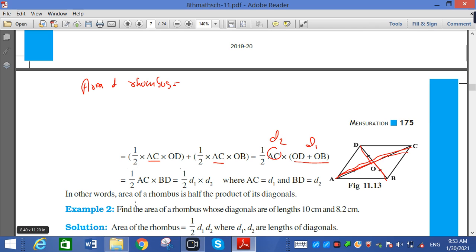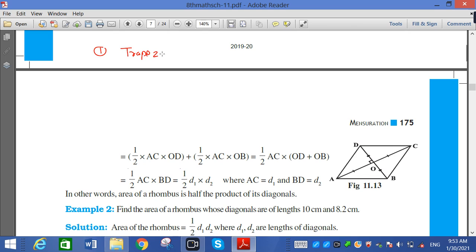So remember the formula for area of rhombus: area of rhombus is equal to half the product of its diagonals. So half into d1 multiplied by d2. So the third formula we have confirmed. First, trapezium, that is 1 by 2 h (a plus b).